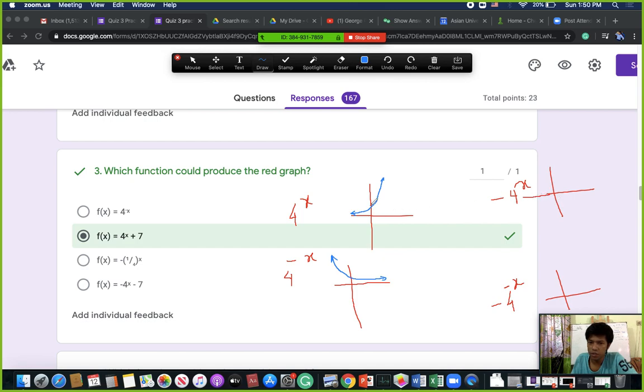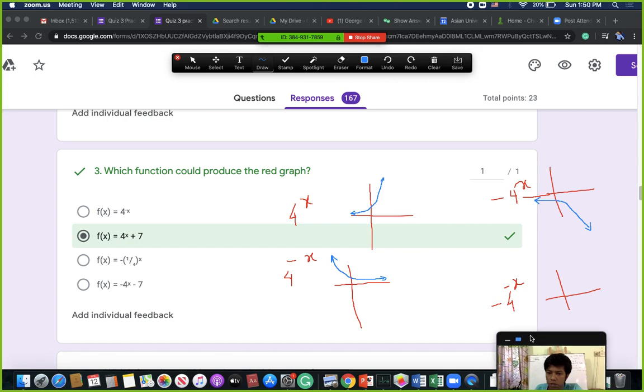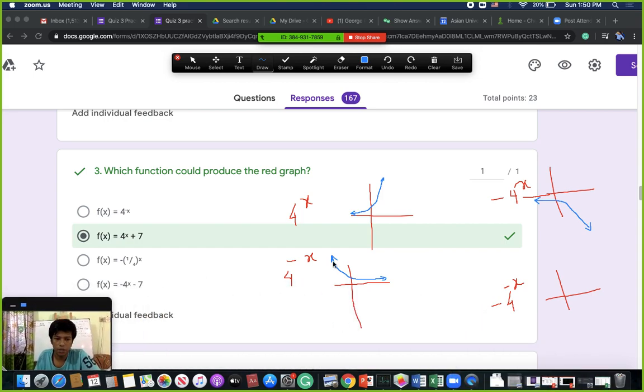So this graph will now come down to here. Then for this graph, there will be another reflection there.